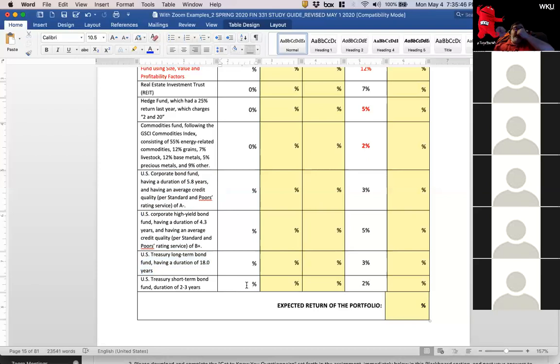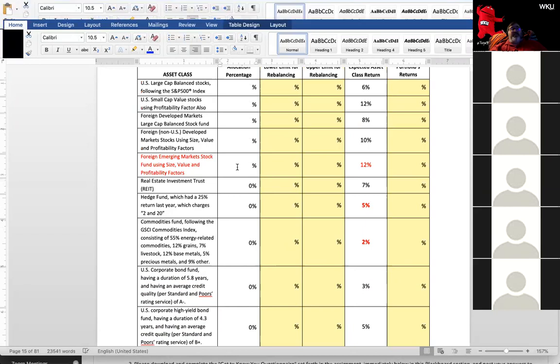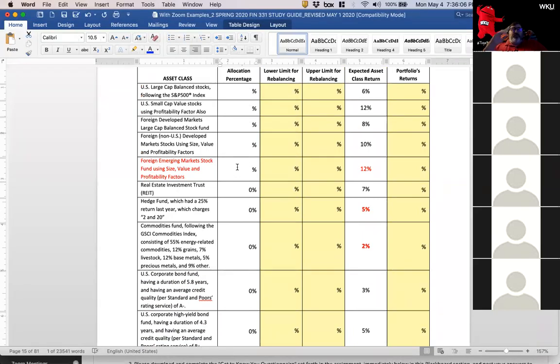So we have a 58-year-old couple. We might say, you know what, we want to be about a 60-40 allocation. No real estate here, none of these other asset classes, so we just put 0 in each of these. 40% short-term bonds, and we've got 60% to put in the stock market.